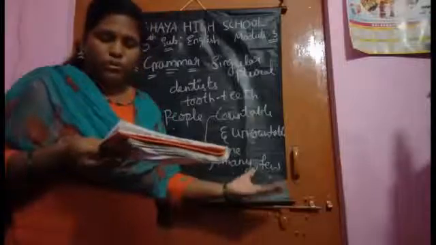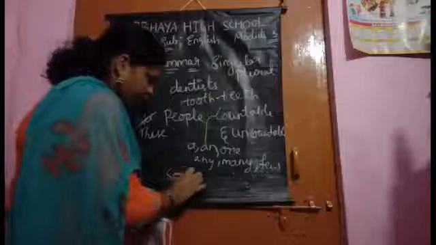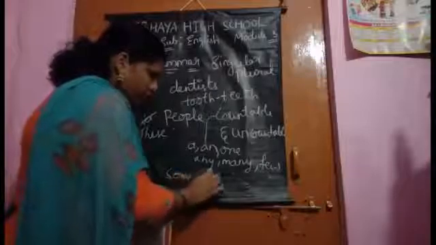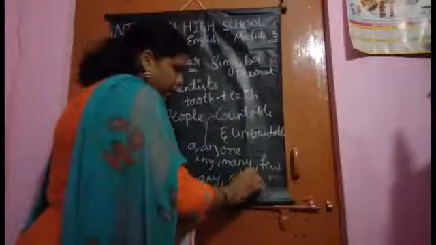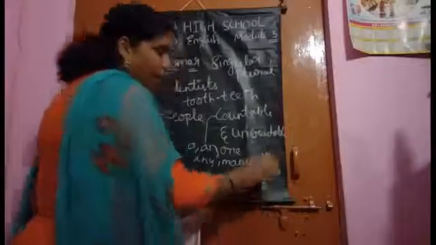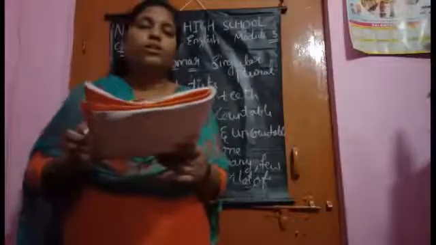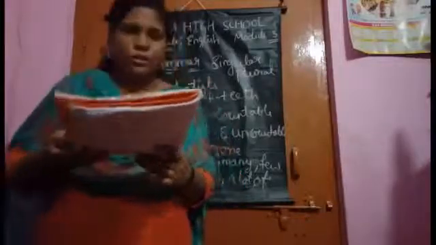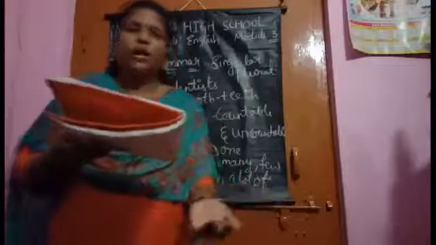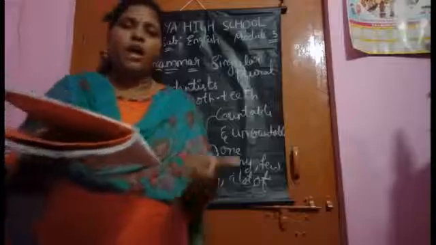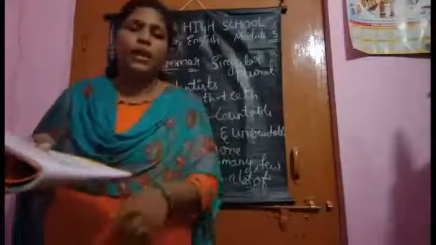We will use some, any, a lot of, a bag of, a bottle of. Like this we will use the uncountable nouns. Before the uncountable nouns we will use less, much. One thing to remember, children: countable means which we can count by a number. Uncountable means which we can't count by a number.